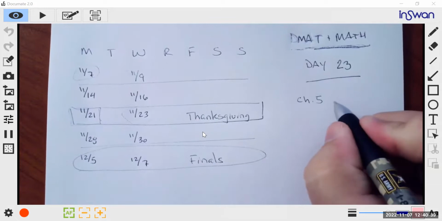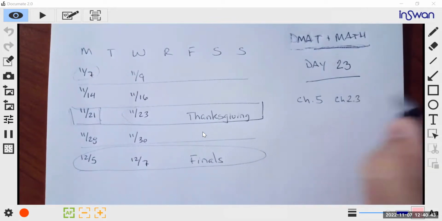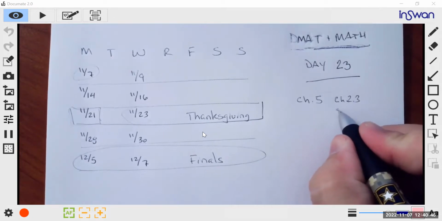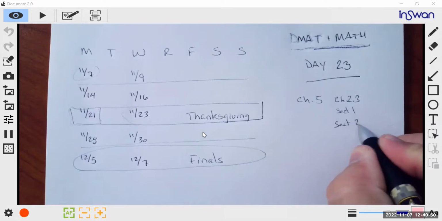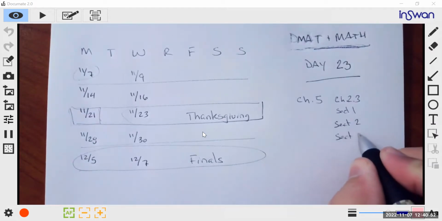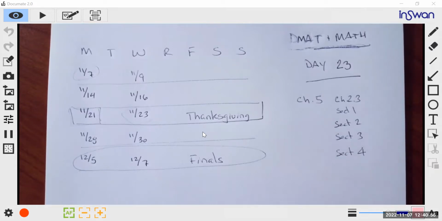Chapter 5 has section 1, section 2, section 3, section 4. I think it only has 4 sections in it.